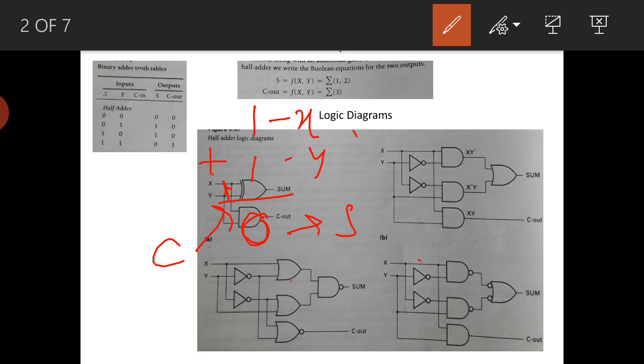If you take it in decimal also, what is 1 plus 1? In decimal it is 2. How will we represent 2 in binary?